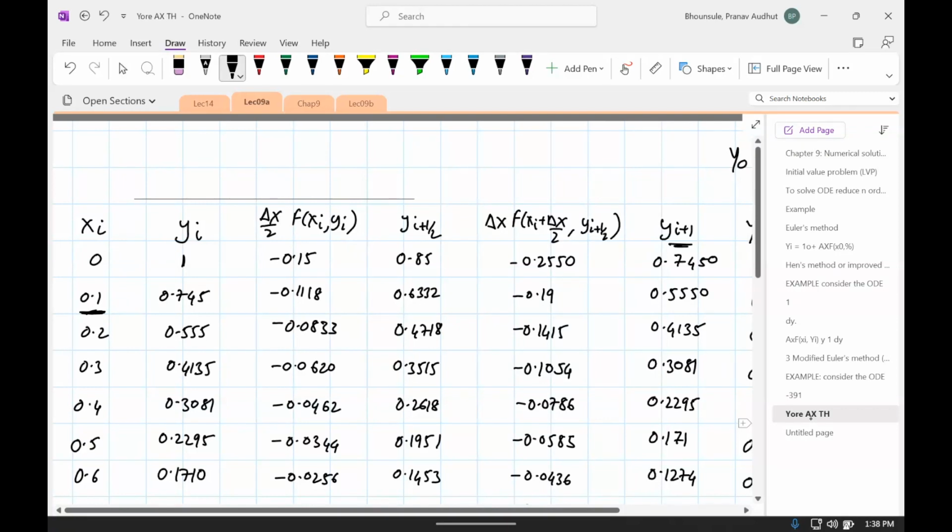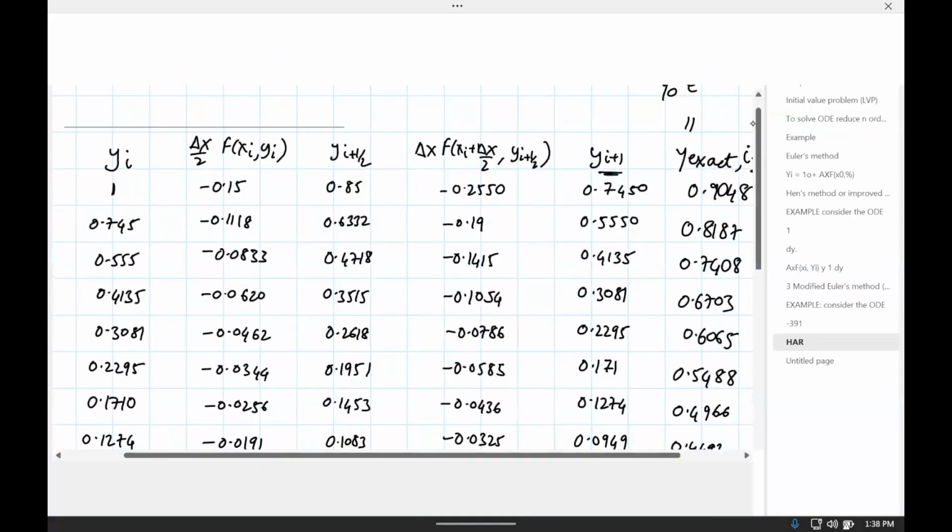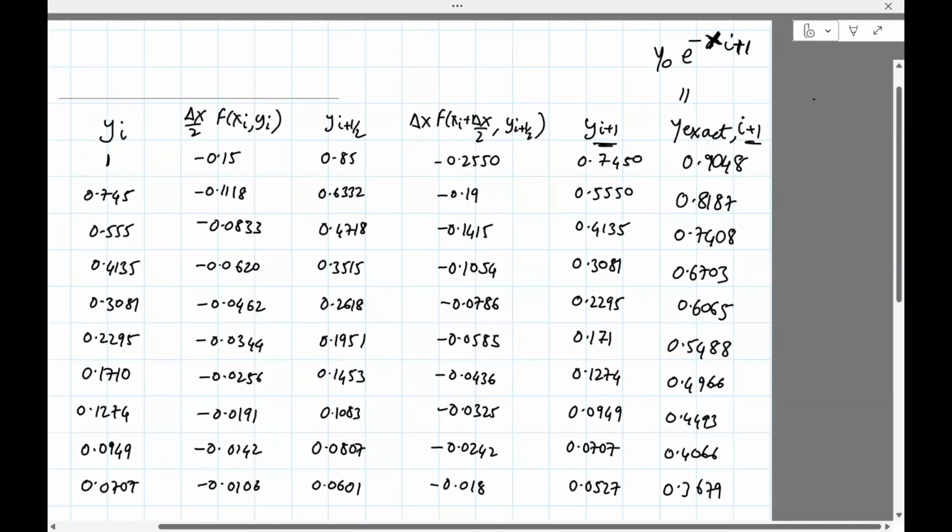So the next one. Okay. Yeah, but I'm not really convinced that this is the right answer. Look at how exact is different from y i plus 1, and the error shouldn't be that large. I mean, I get the same error with Runge Kutta.